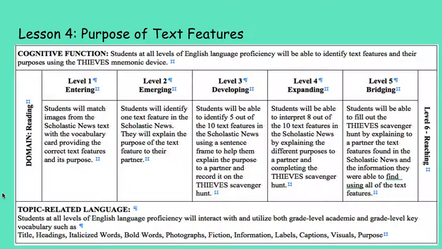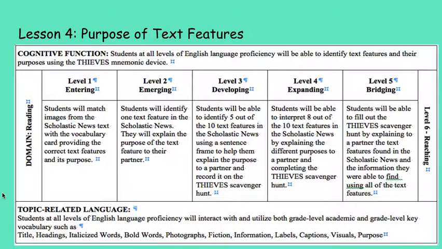So they're still matching, and they're still working on that. Now, level 2, students will identify one text feature in the Scholastic News, and then they will explain the purpose to their partner. And what's really nice is those students can even cut those text features out, and they can start to put it in their text feature scavenger hunt if they really wanted to.